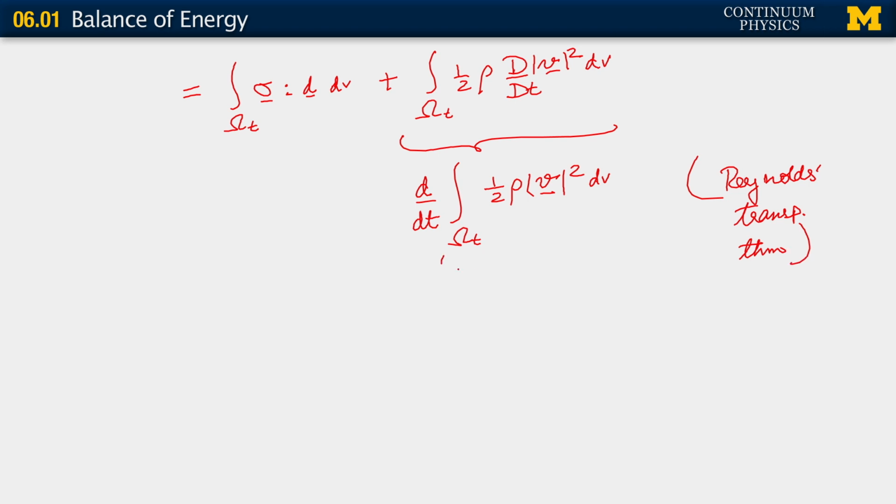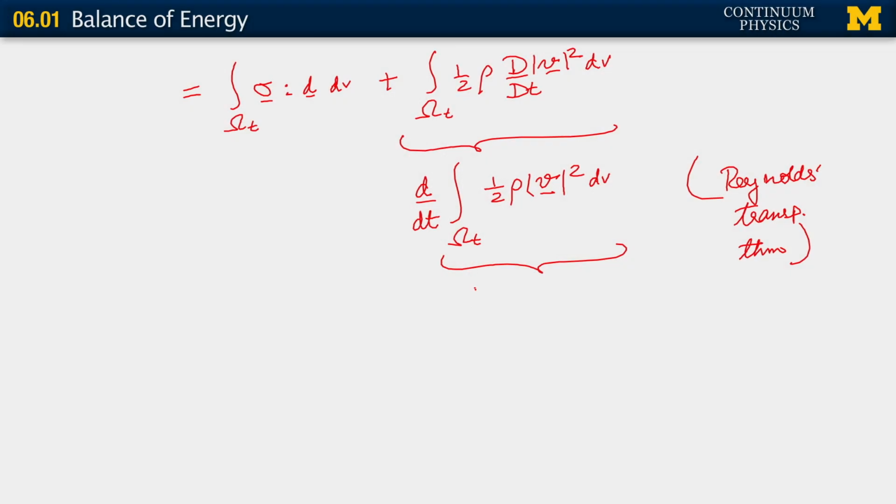But then this quantity is what? We recognize rho dV as being an elemental mass, and the magnitude of its velocity square multiplied by dm, and 1/2 of that gives us the kinetic energy, right, of each elemental mass.